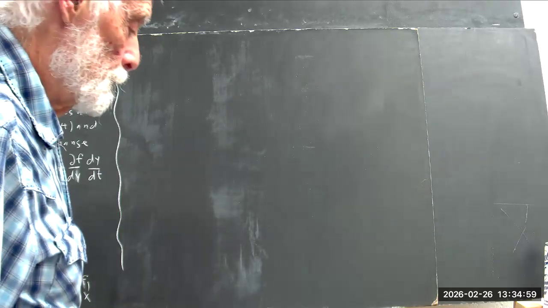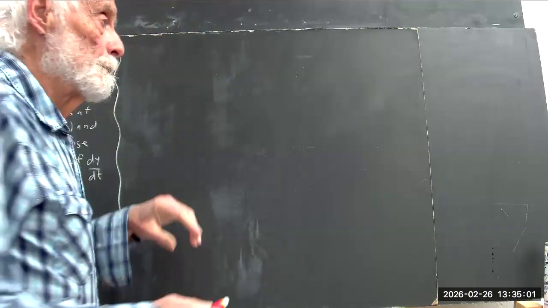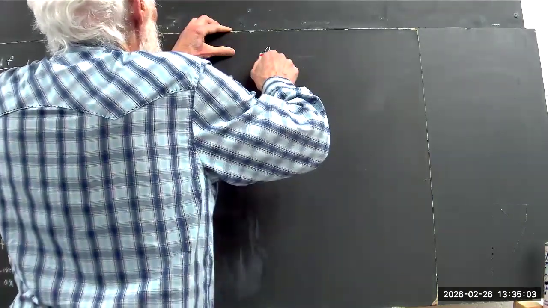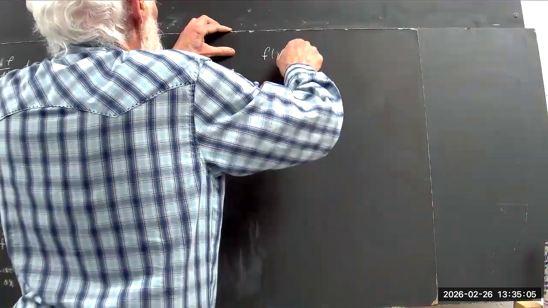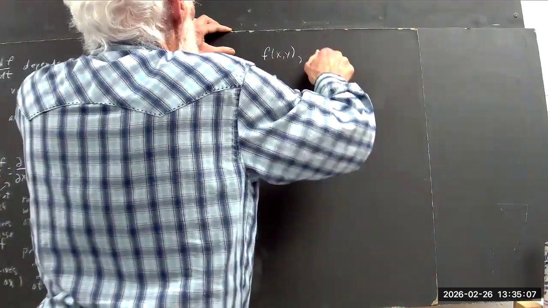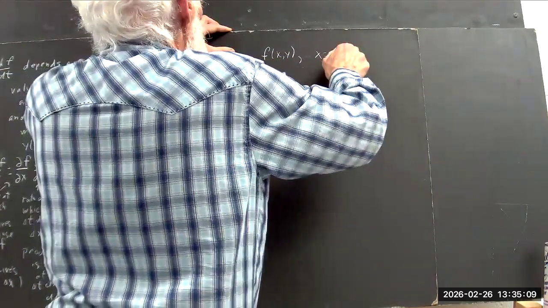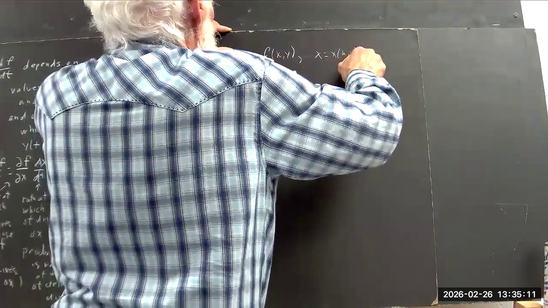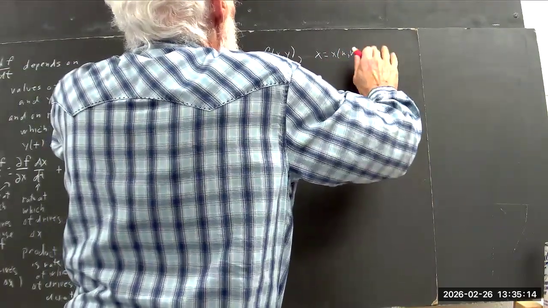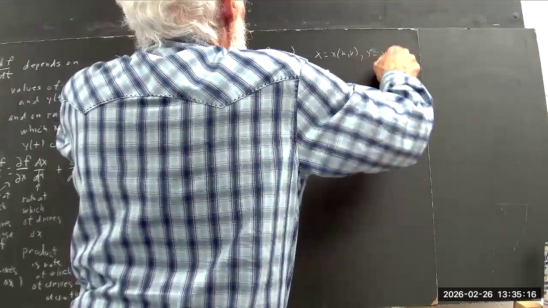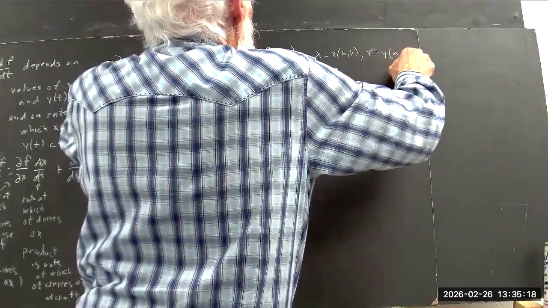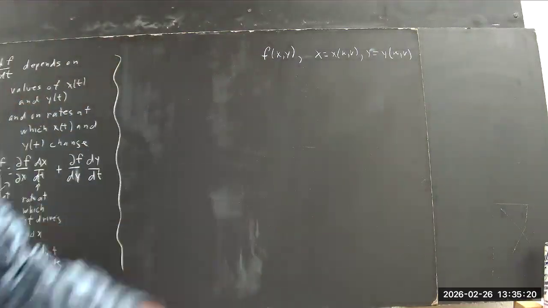I'm just going to write out the chain rule. If you've got f of x, y, where x equals x of u and v, and y is a function y of u and v.